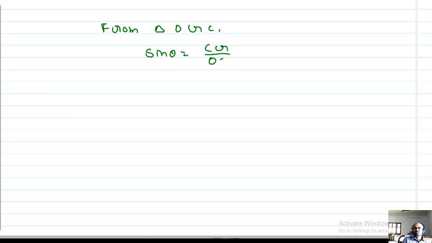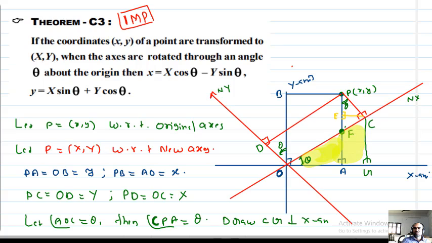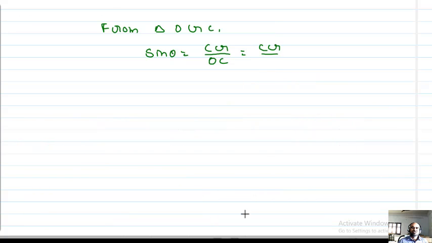OC means what? OC means capital X. So CG equals capital X sin theta. This is one of the important results for us.